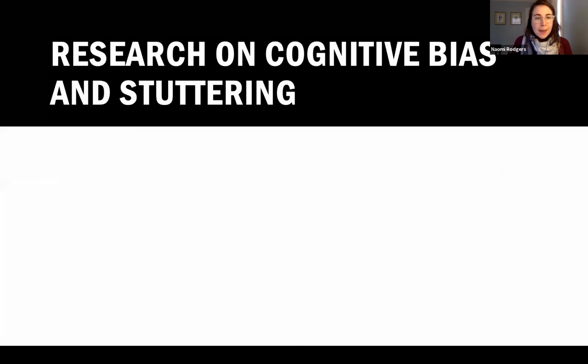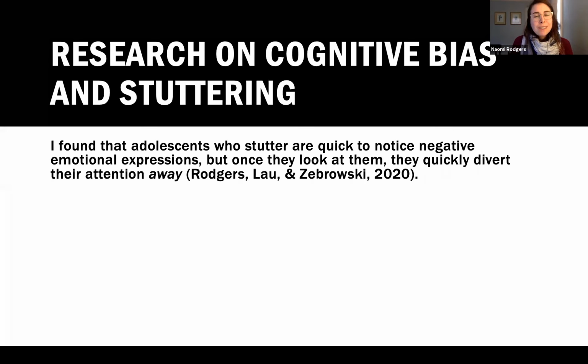expressions. I did a study of attentional bias with adolescents who stutter. So these are young people between the ages of 13 and 19 years old. And what I found was that the adolescents who stutter were really quick to notice the negative emotional expressions, but once they noticed them, they quickly diverted their attention away to look more towards those more neutral expressions.